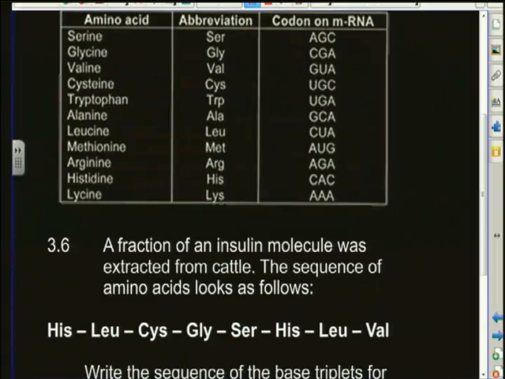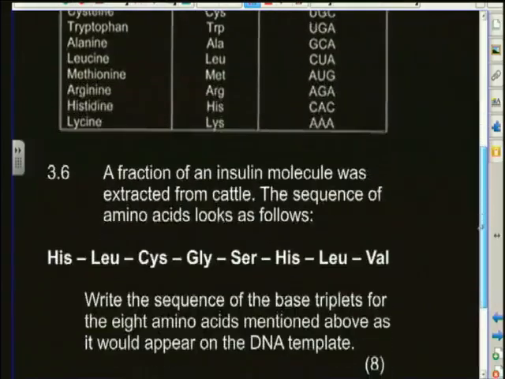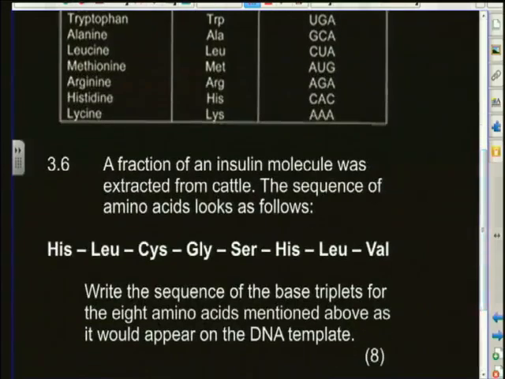The sequence of the amino acids looks as follows. Okay? Now, what do you have to do? Write the sequence of the base triplets for the 8 amino acids mentioned above as they would appear on the DNA.